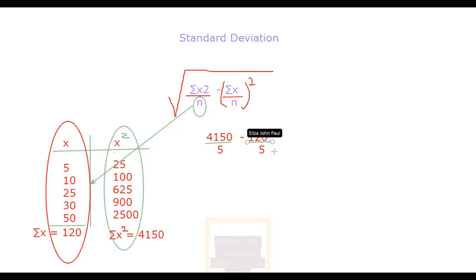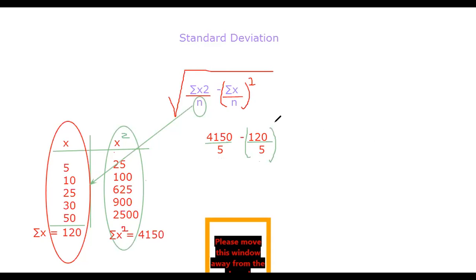So 120 divided by 5 to the whole square. We need to make this a whole square because this is our formula.